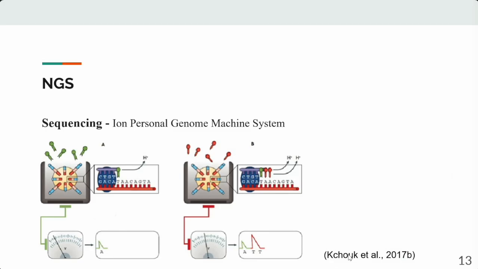Then the Ion PGM system translates this pH change into digital signals, which are then processed to determine the DNA sequence. This real-time detection method allows for rapid sequencing, providing results in just a few hours. This method offers several advantages. It eliminates the need for fluorescent labels, reducing costs and increasing speed, making it a versatile tool for a wide range of applications.